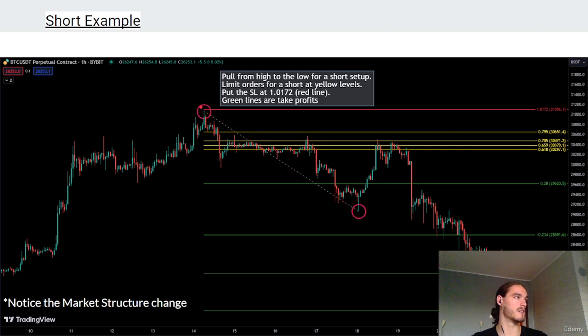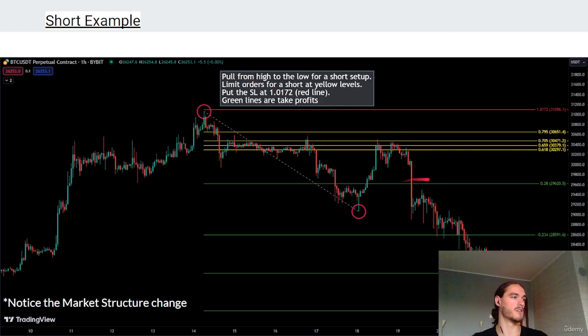We pull the tool from high to low, and then set our limit orders on the Fibonacci levels. And when we get filled and take profit has been hit, we can move our stop loss to break even, or below the last low, or close the trade entirely if you like to do so.